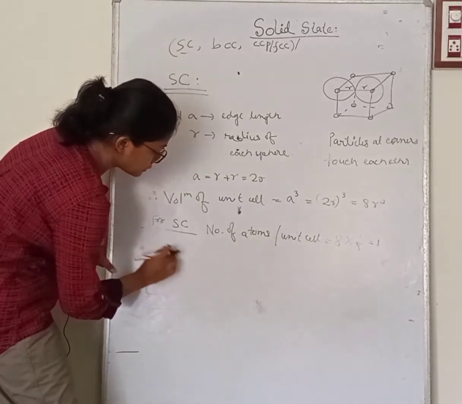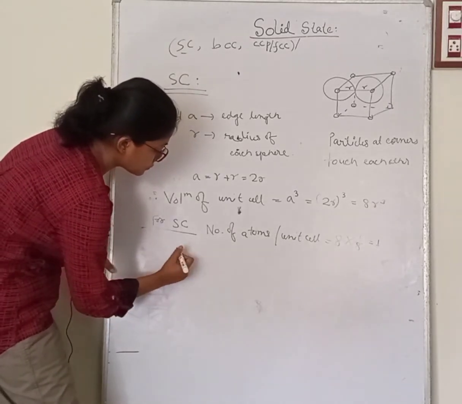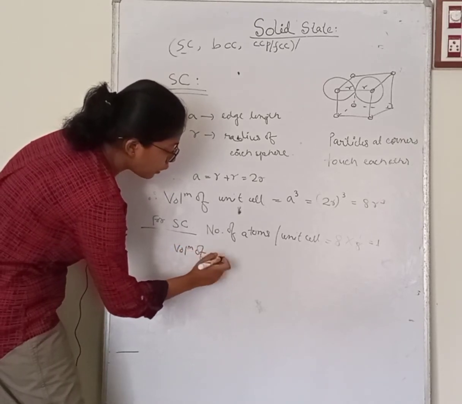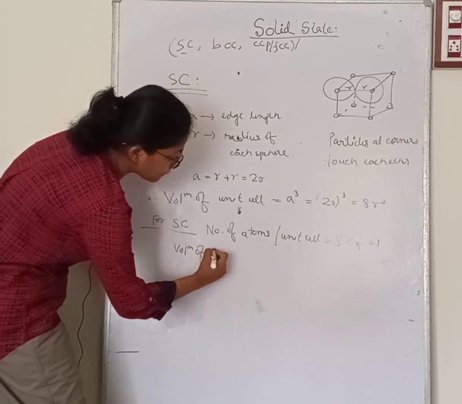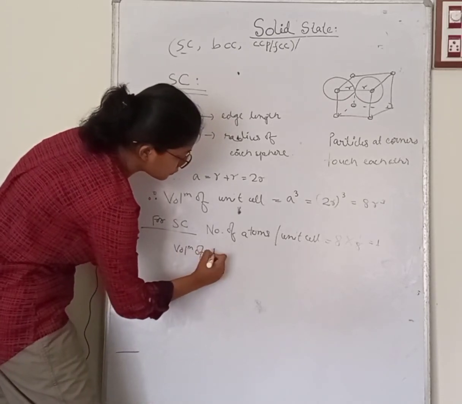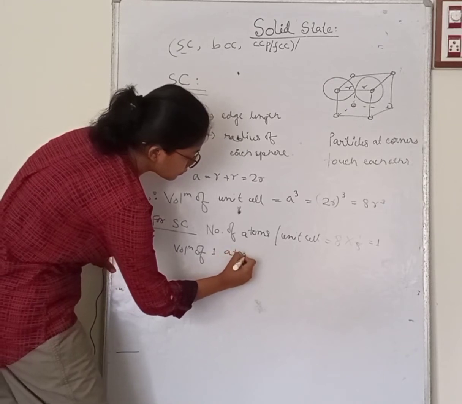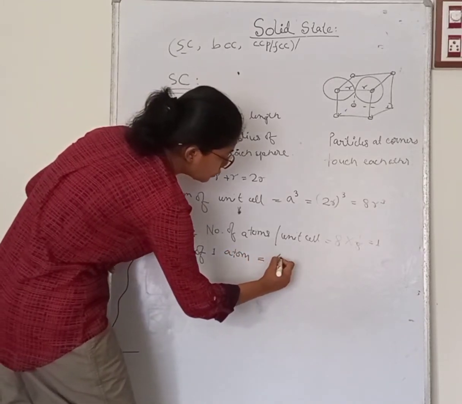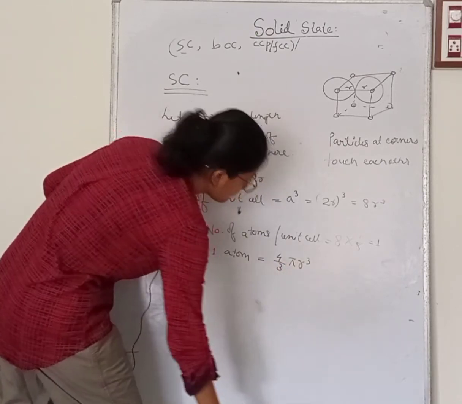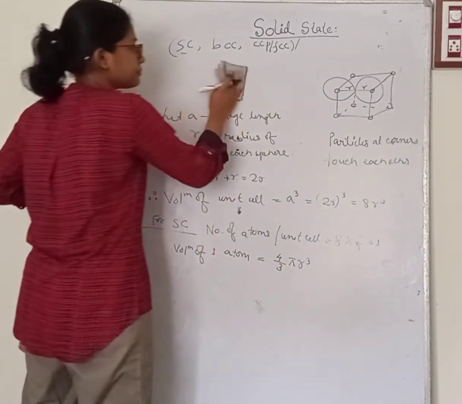Therefore, the volume of one sphere or one atom is equal to 4/3 pi R cube.